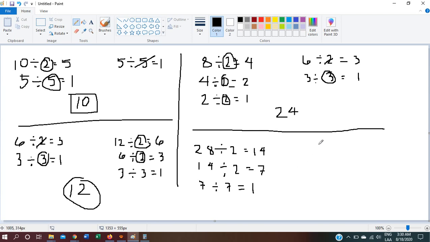So now the other number is 12. 12 divided by 2 equals 6. 6 divided by 2 equals 3. And 3 divided by 3 equals 1.